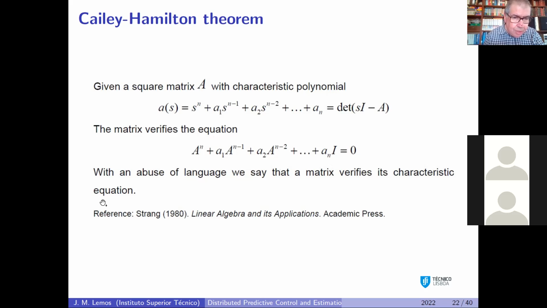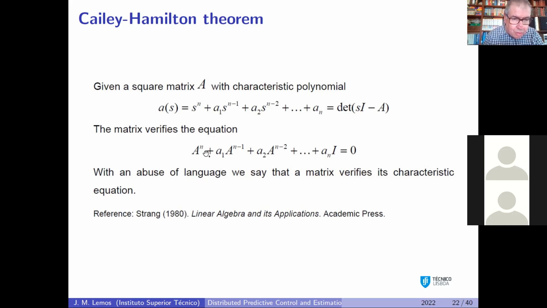So it looks like a trivial thing, but it's not, because you cannot just go to the characteristic polynomial and replace s, which is a scalar, by A, which is a matrix, and say that this should be equal to 0. So it requires a proof. We are not going to do the proof here. What is really interesting here?